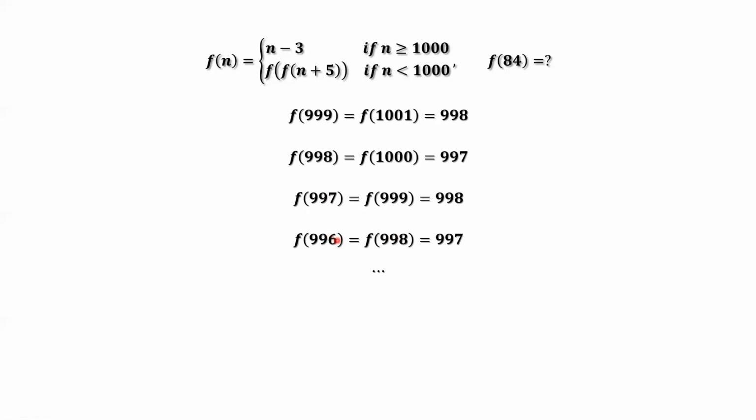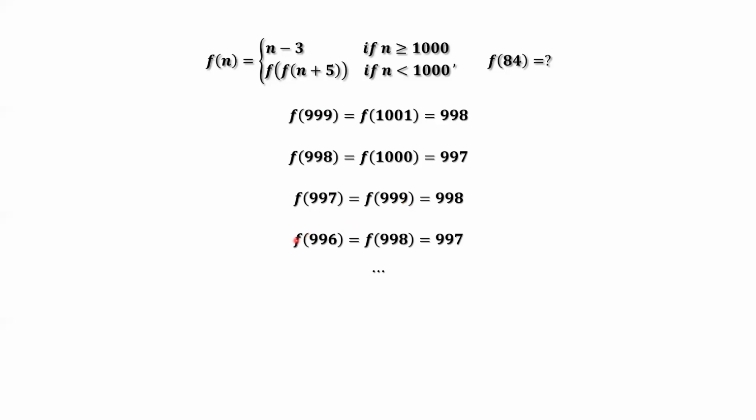Now we can see f of 996 equals f of 998. f of 997 equals f of 999. What does this mean?